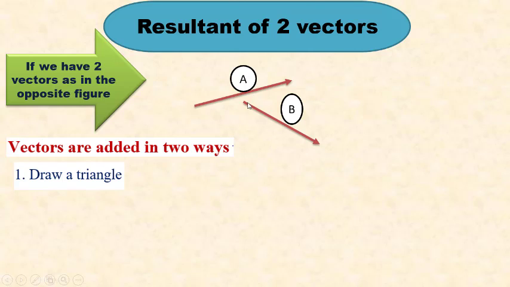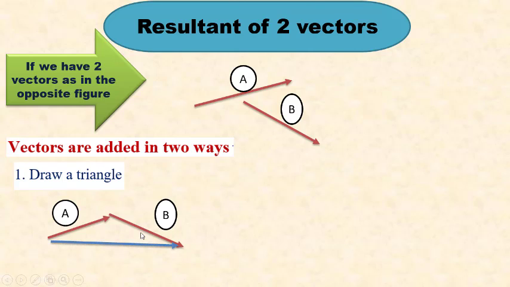Vector A stays in the same position, but vector B starts at the end of A, like this figure. So the resultant C will be moved from A to B, like that. This is the first way.